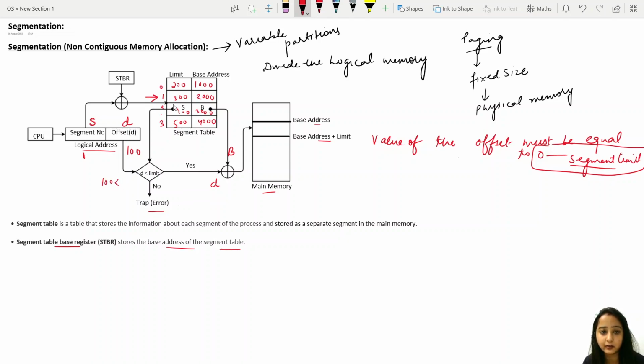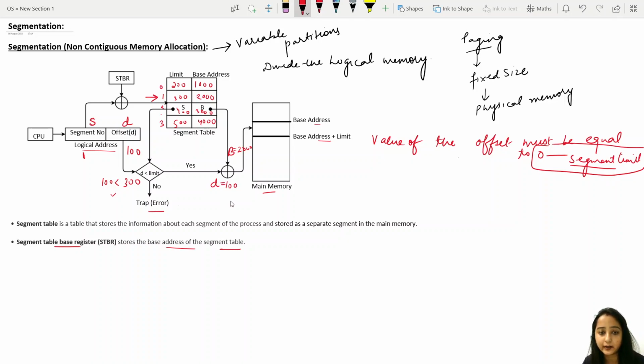100 should be less than 300, right? This should be the scenario. So yes, this is correct. So I will add the base address with the offset. What is the base address corresponding to segment number 1? This is 2000, so B value is 2000. What is the D value? D value is 100.